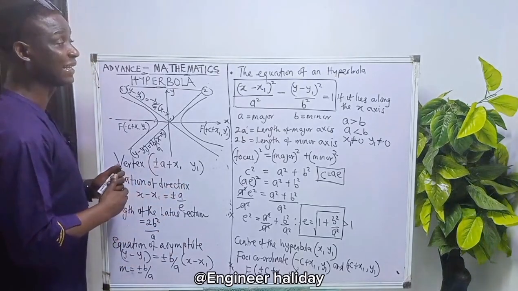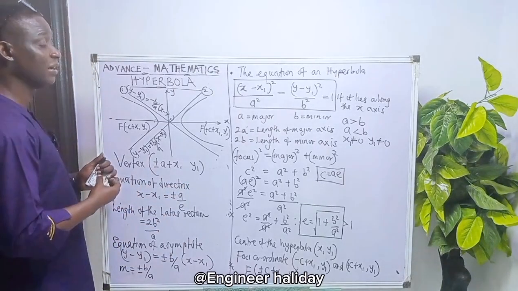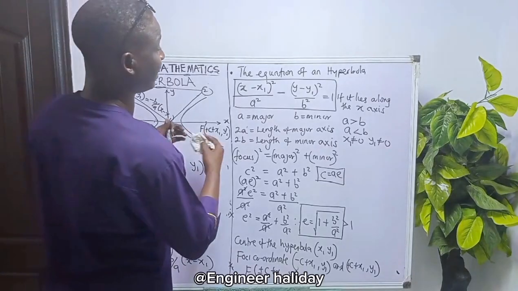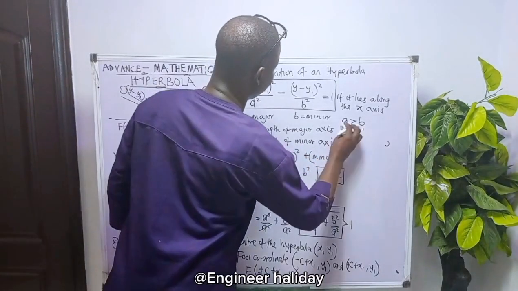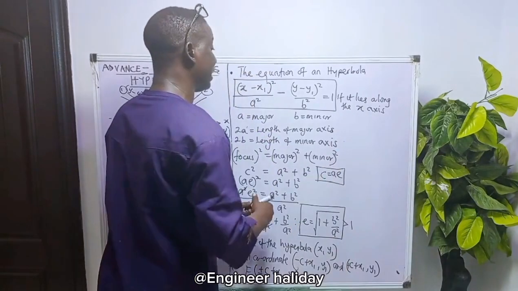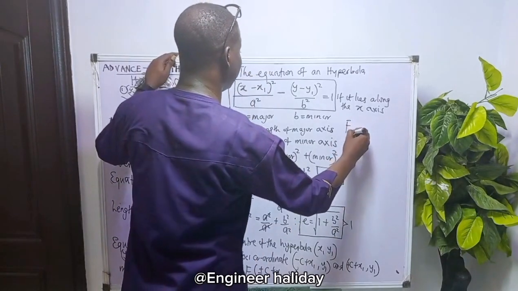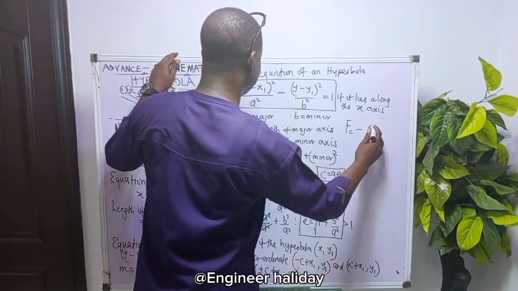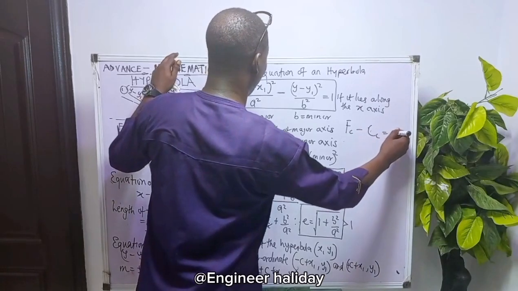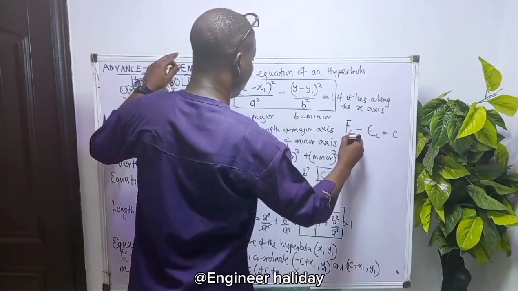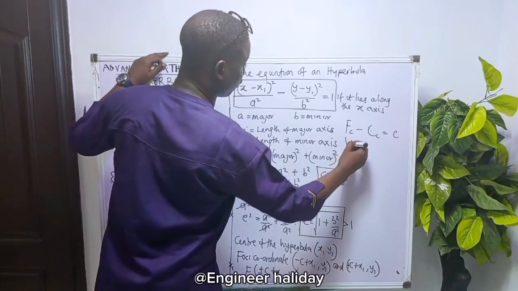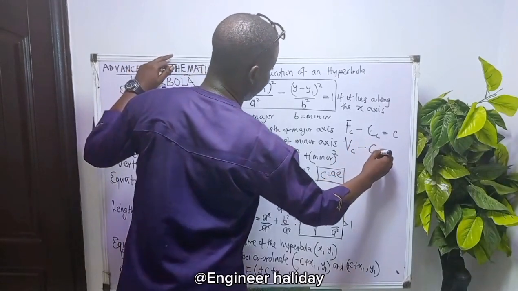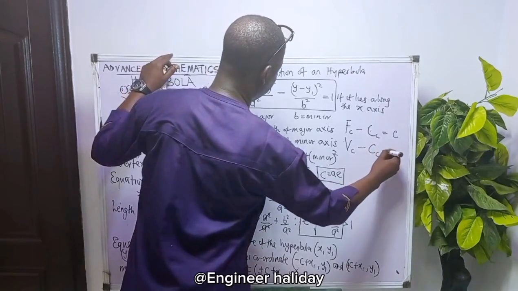Also, the shortcut I gave you concerning the focus. Don't forget, I also gave you that the focus coordinate minus the center coordinate is equal to c, while the vertex coordinate minus the center coordinate is equal to a.